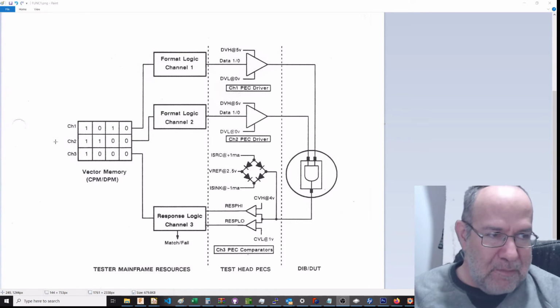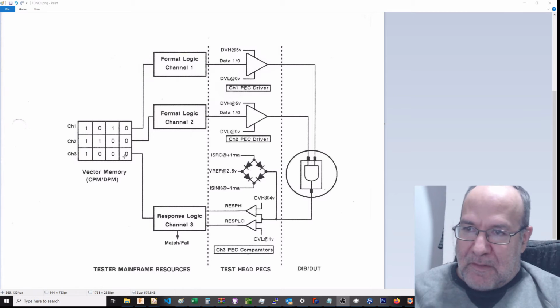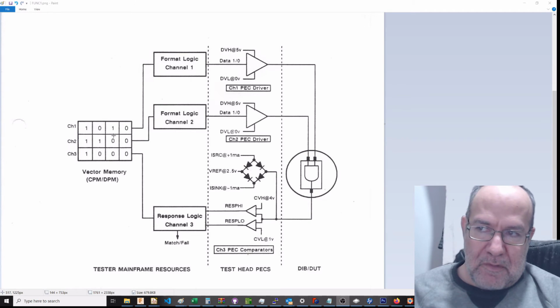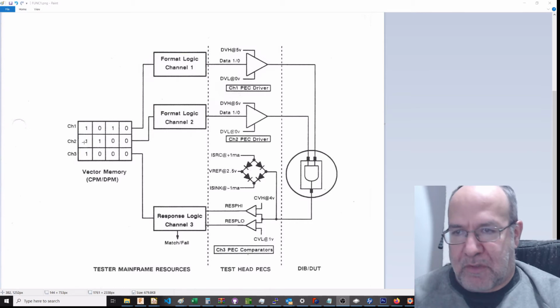In your tester memory, you have a pattern, a test pattern. If I have 0, 0, output is 0. 1, 0, 0, 1, still 0. The only time we have an output of 1 is when both inputs are 1.